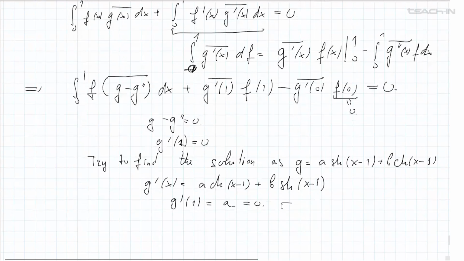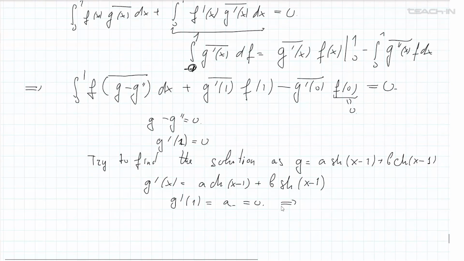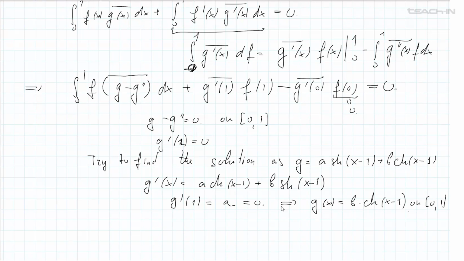So the function g is b times hyperbolic cosine. But where? We have the integral on 0, 1, so it is on 0, 1. And on the other interval some arbitrary function, but in the Sobolev space.